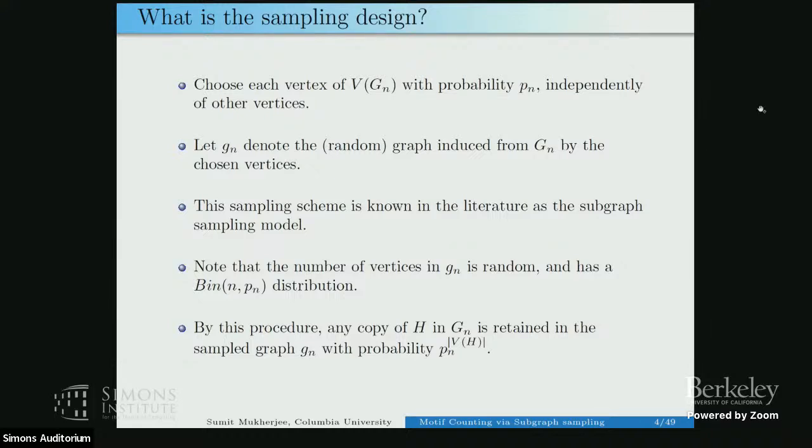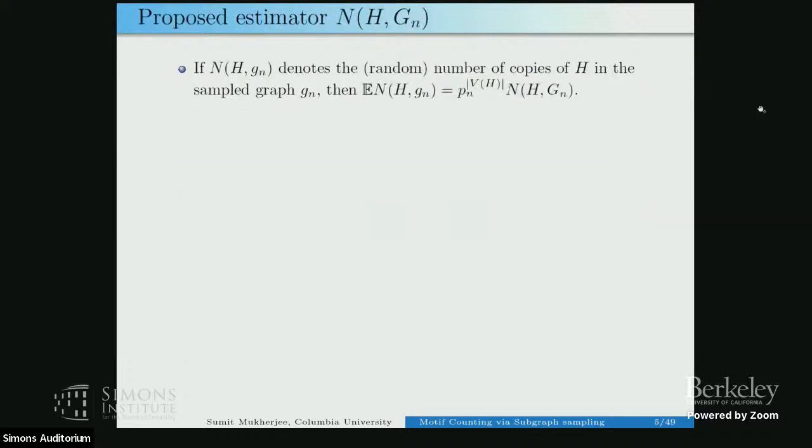In general, you're going to pay p to the number of vertices of H for each copy to enter your sample. So if you denote by N(H, G_n) the number of copies of H in your sample graph, then its expectation is just p to the v times the number of copies in the big graph. And this gives you your natural estimator, just divide. That's it.